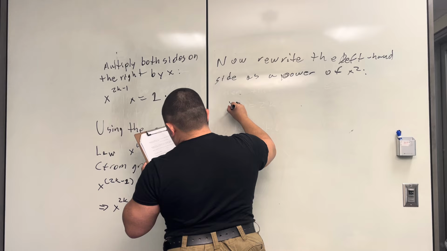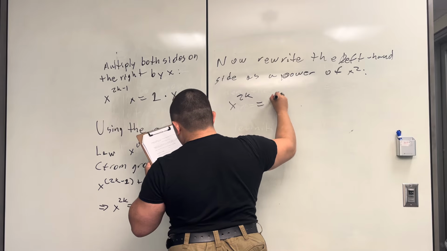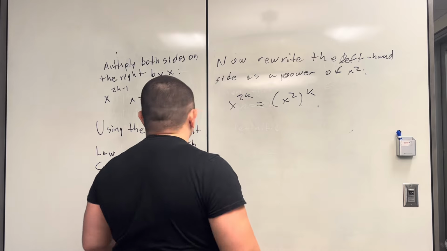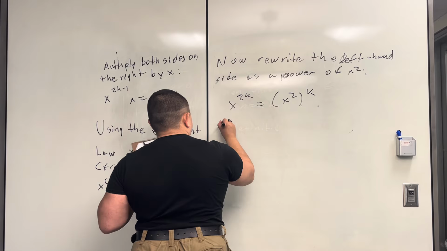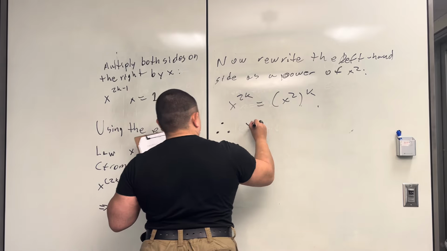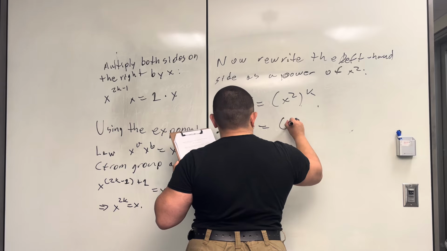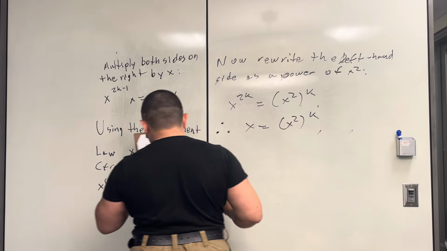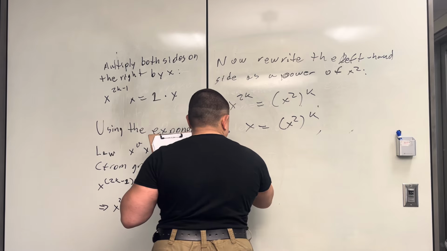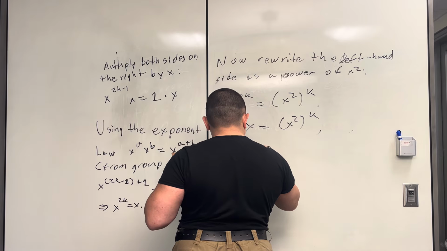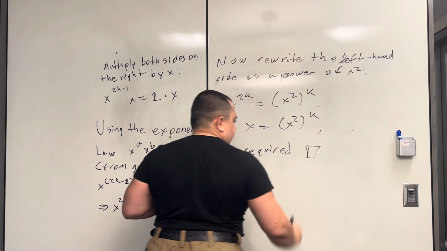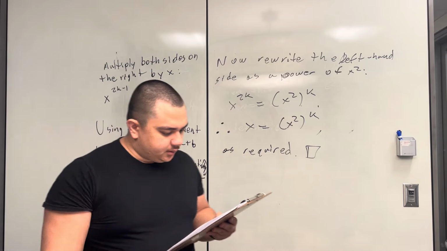What we get is that x to the 2k is equal to (x squared) to the k. Therefore, x is equal to (x squared) to the k as required. QED.